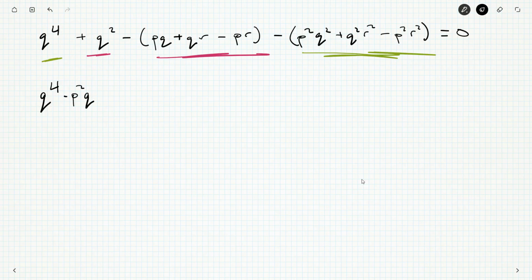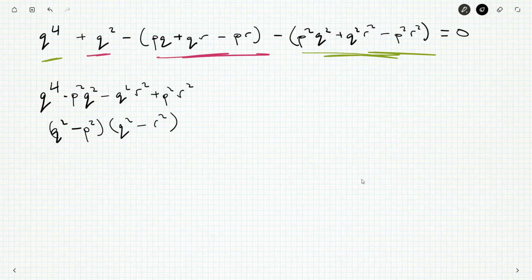So minus p squared q squared minus q squared r squared plus p squared r squared. I think this is q squared minus p squared times q squared minus r squared. Get the q to the fourth. Yeah, it is.